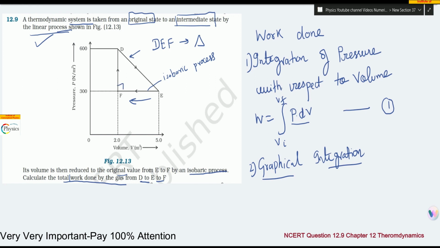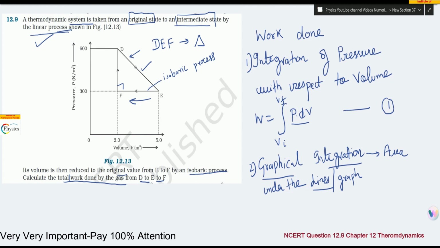So graphical integration is basically finding the area under the lines, which could be the isobaric line or this particular line. Once you find the area under the graph, you're able to find the work done.